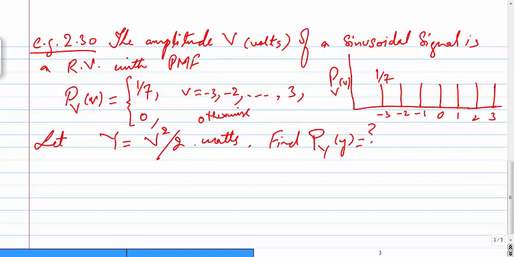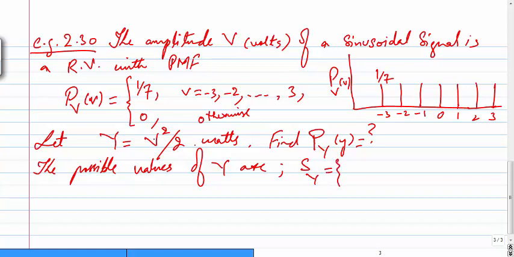The possible values of Y are, how we calculate, we just plug in this formula and first of all put V equal to minus 3. When we do that, we get values. For example, V is equal to minus 3, so Y is equal to minus 3 squared divided by 2.